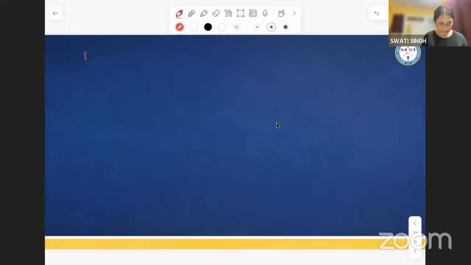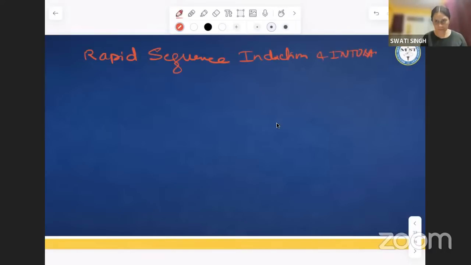So RSI, that is rapid sequence induction and intubation. Now, why is this RSI done? This is done in emergency patients, emergency surgeries.